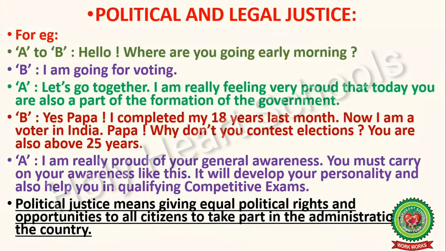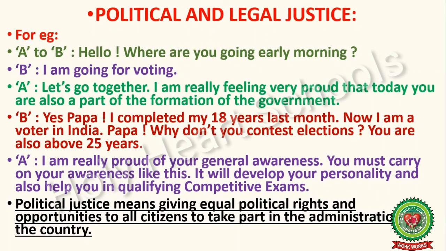So, what is political justice? Political justice means giving equal political rights and opportunities to all citizens to take part in the administration of the country. So, how will A and B participate in the administration of the country? Yes, by voting.